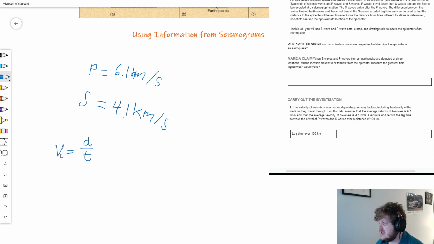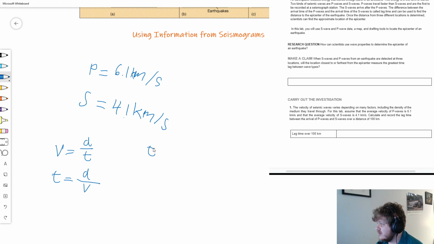Velocity equals distance over time, and if we rearrange that, time equals distance over velocity. In terms of the lag time, there are a couple of ways we can do it. We can calculate the time it takes for each to travel 100 kilometers and then subtract them to figure out the lag time, which is what we'll do.